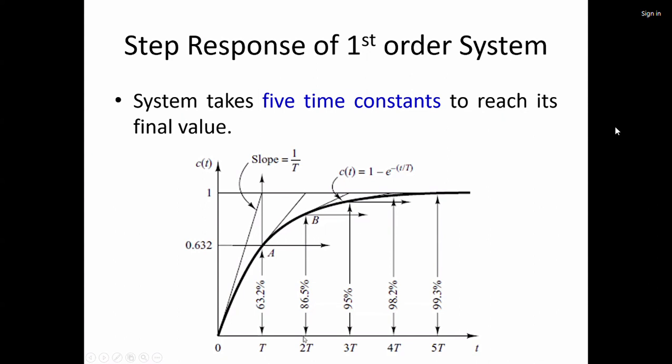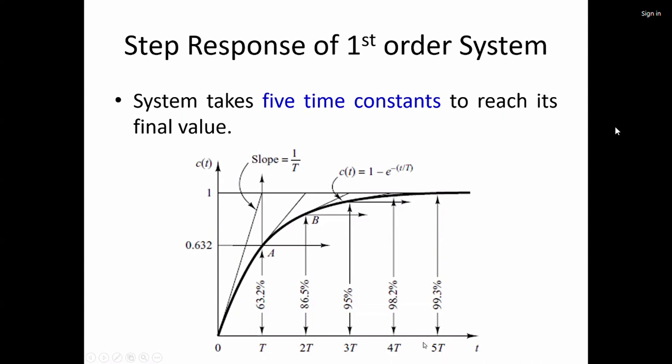So at 2 time constants, your output will reach 86.5% of the steady state output. Similarly, at 3T, it will reach about 95%. At 4T, it will reach about 98.2%.